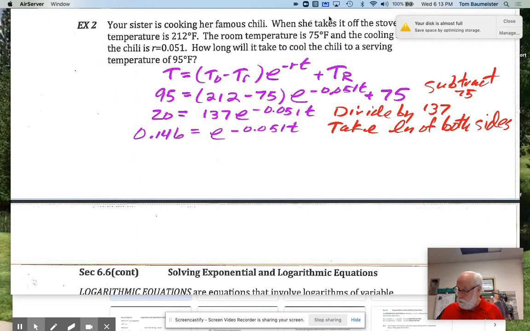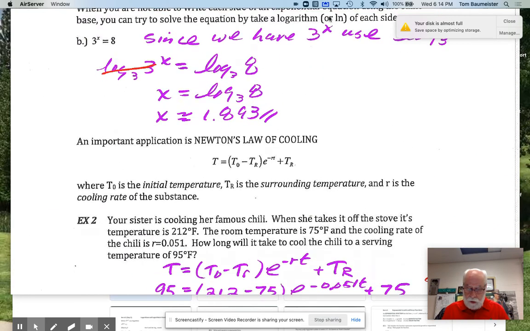When I do that, I'll again get the natural log of 0.146 is equal to the natural log of e raised to the negative 0.051 t. And remember, the natural log is log to the base e. So it does look like this one here. We'd have log of e, right? So here we're going to say log of e, and there's our e.